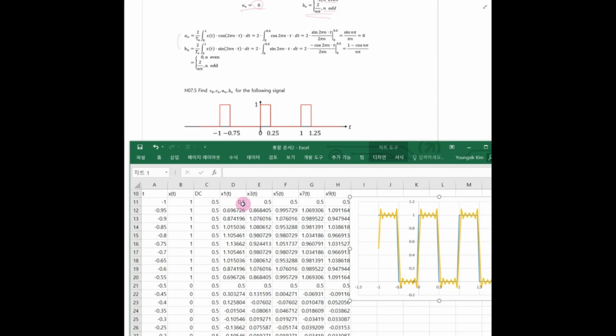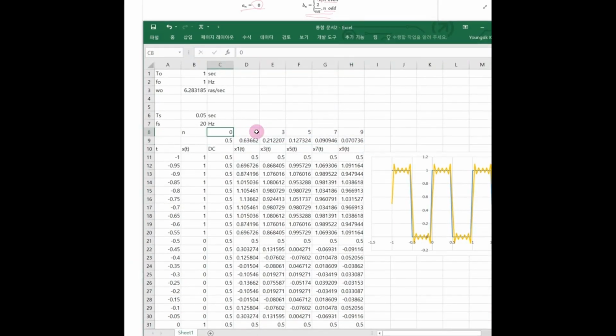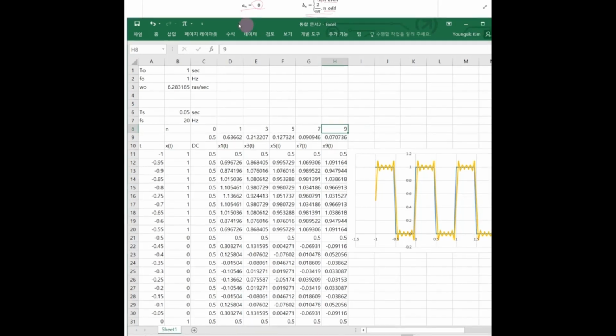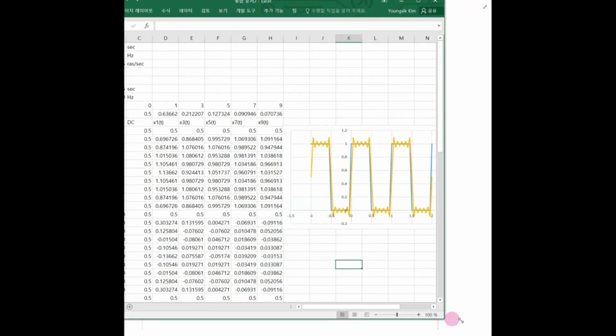You know that this 2 over n pi sine is this value. Then what's the meaning of this value? This means the DC, first harmonic, third harmonic, fifth harmonic, seventh, and ninth harmonic amounts. So we can plot this one. Then what's the meaning of that? Let's plot that one first.